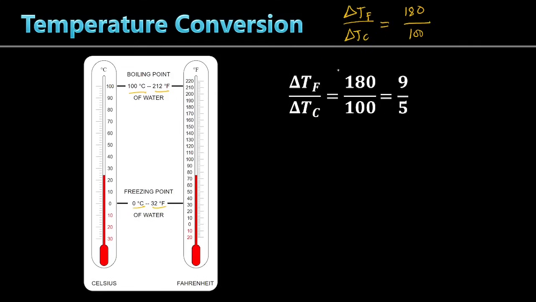Now, what if we are given a certain temperature in Celsius and we want to convert that into Fahrenheit? We can see clearly here that 0 degrees Celsius is equivalent to 32 degrees Fahrenheit. If my temperature is 0 degrees Celsius, automatically that's 32, right? But what if my temperature is not 0? It is something above 0.